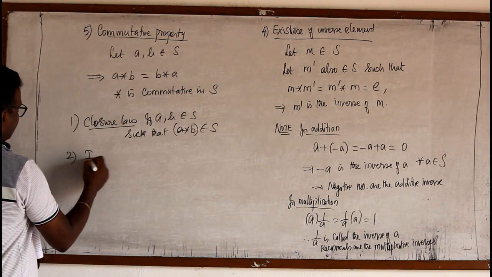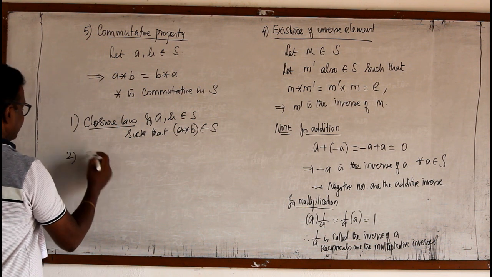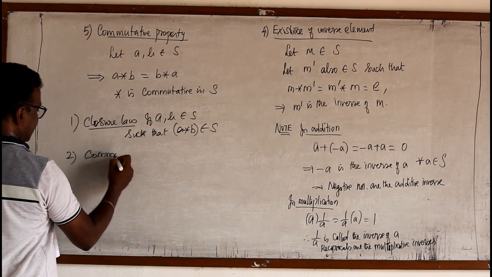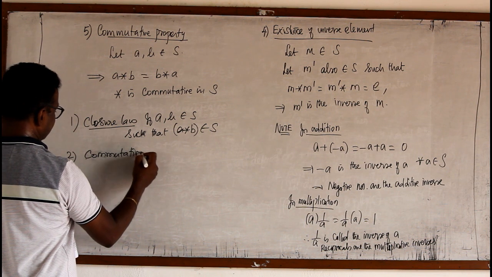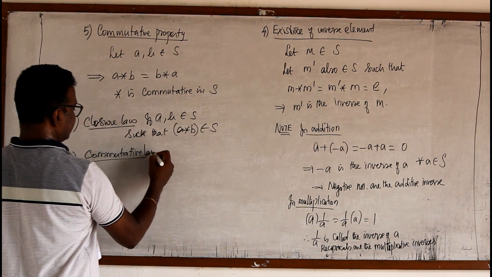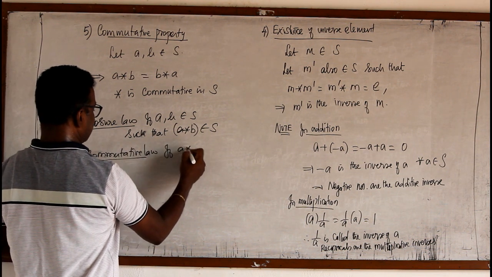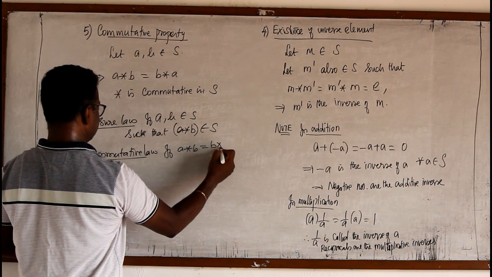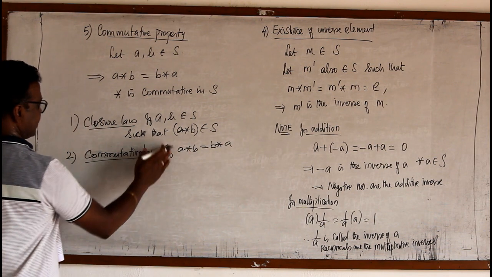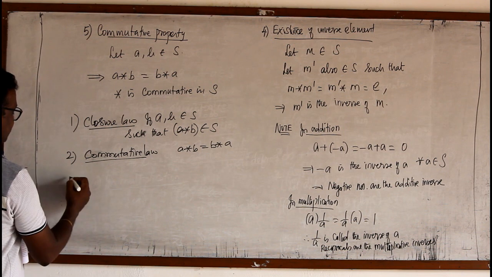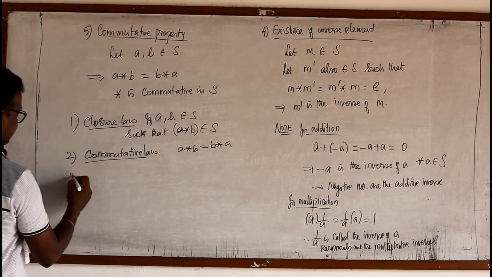Second, the commutative law. Once again, I am repeating: if A star B equals B star A, then we say star is obeying the commutative law.